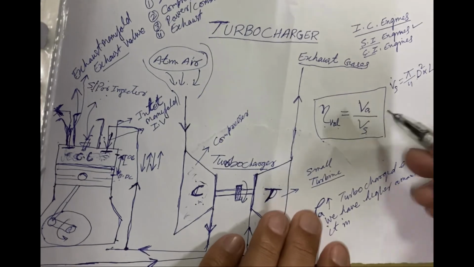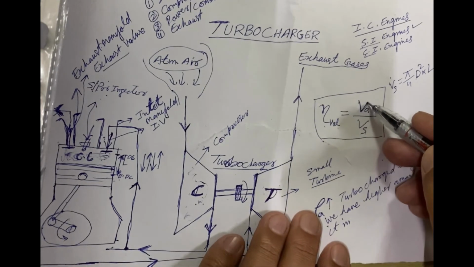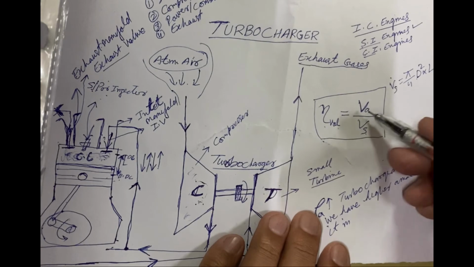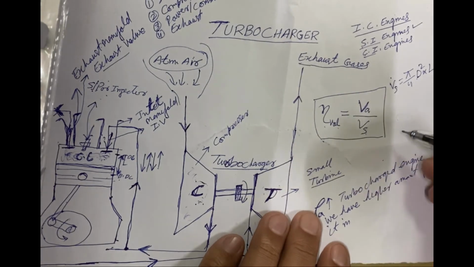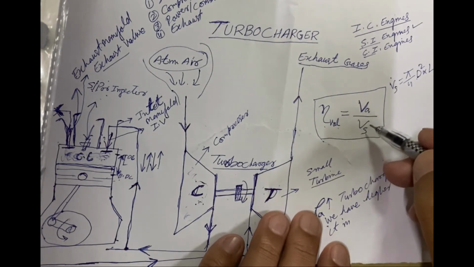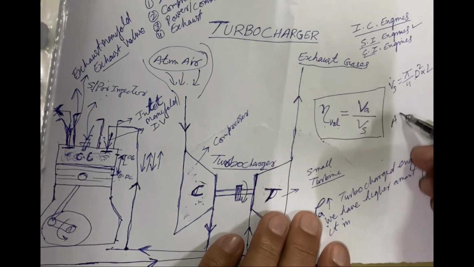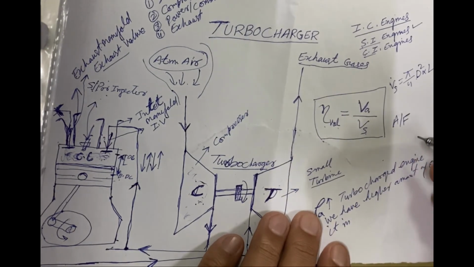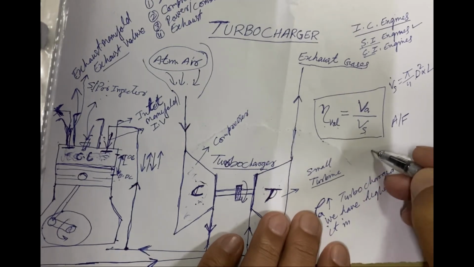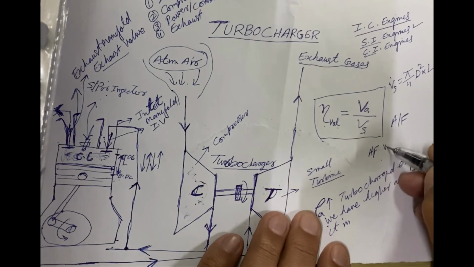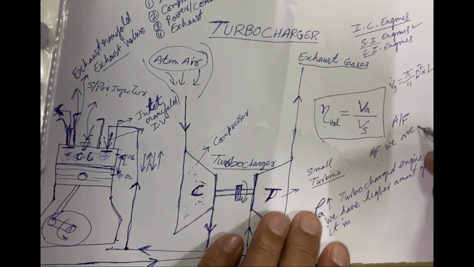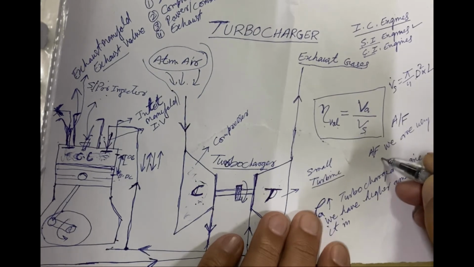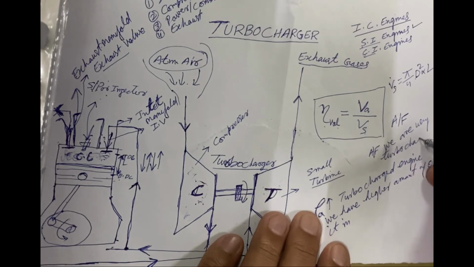Okay, so what happens, the naturally aspirated engine has less volumetric efficiency, leading to incomplete combustion of the air fuel mixture. So in order to get complete and perfect combustion of the air fuel mixture, we are using turbochargers in the modern engines.